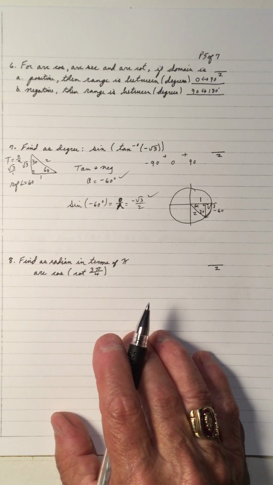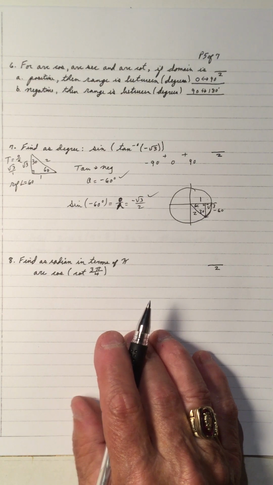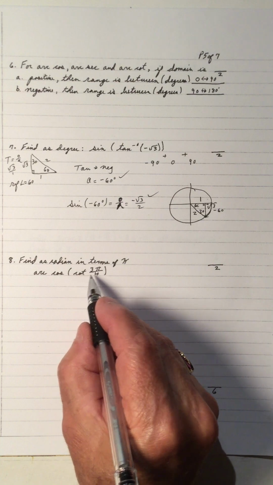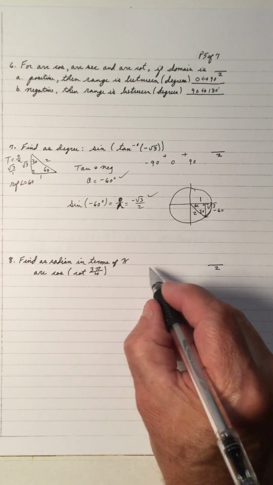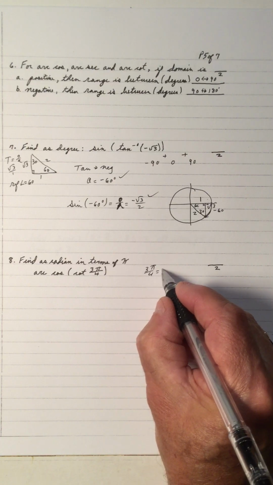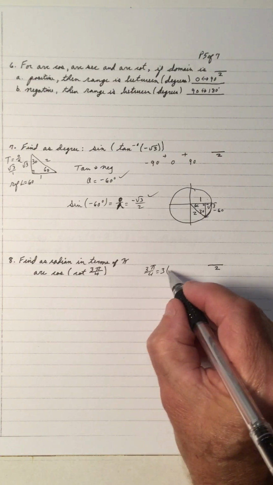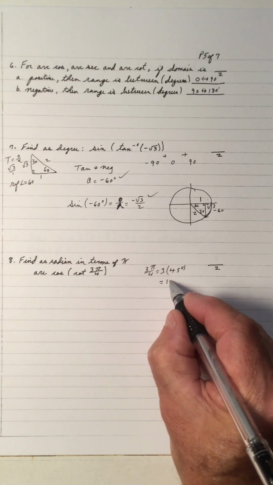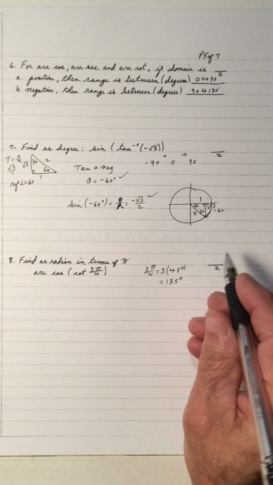Another one, find in radian measure in terms of pi. So we have arc cos of the cot of 3 pi over 4. With 3 pi over 4, I like to work in degrees. So pi divided in 4 pieces, that means it's 45 degrees. That means I have a 135 degree angle.